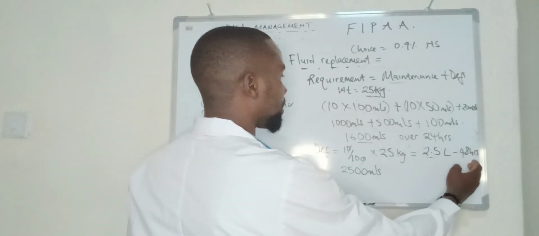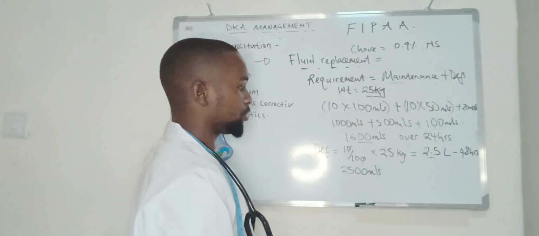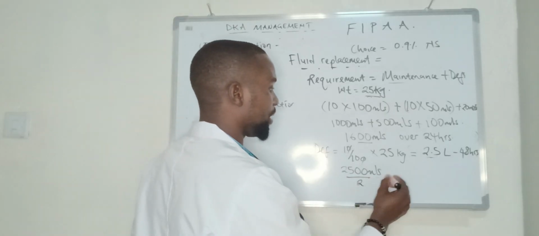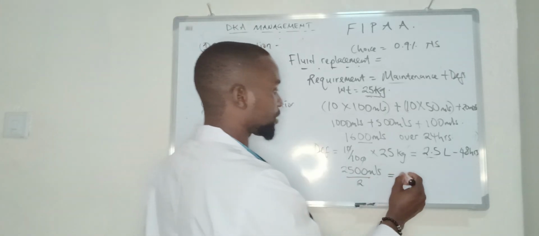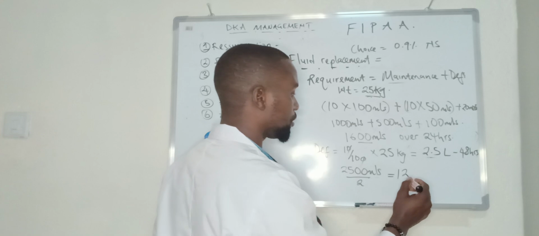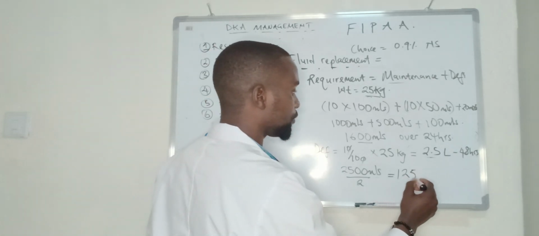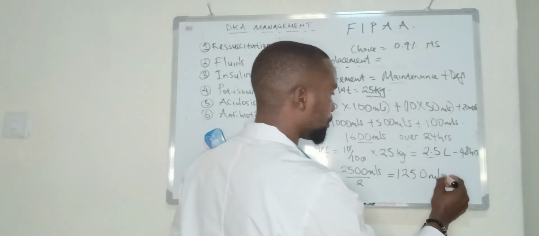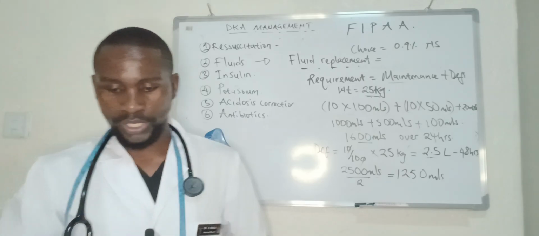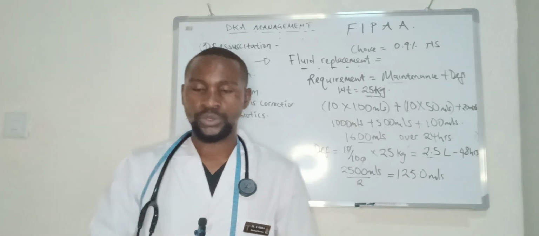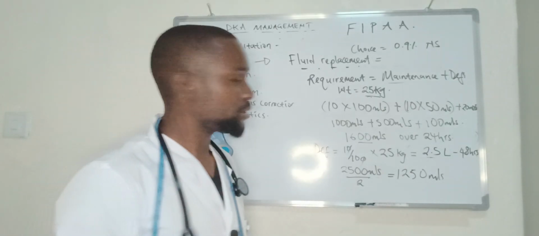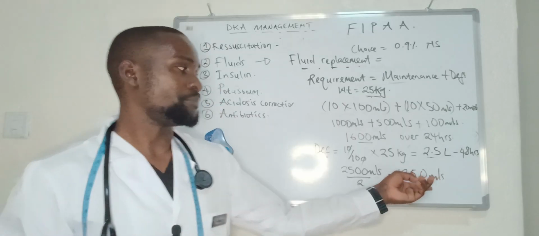Because it's in 48 hours and you want to add it to what is in 24 hours, you divide it by 2, and this gives us 1,250 mils, if my mathematics is correct.